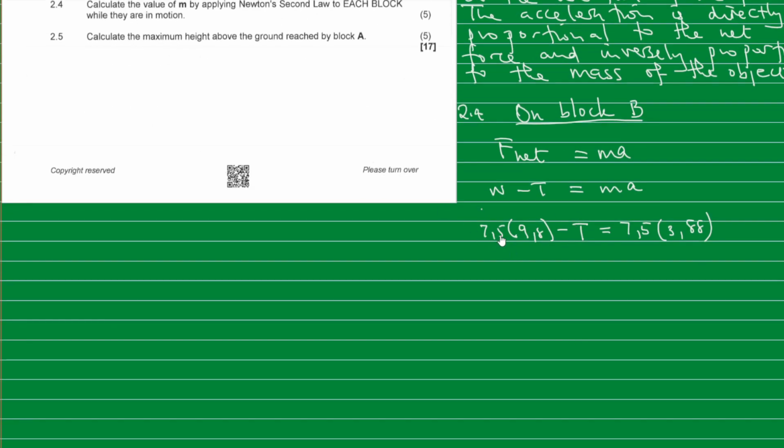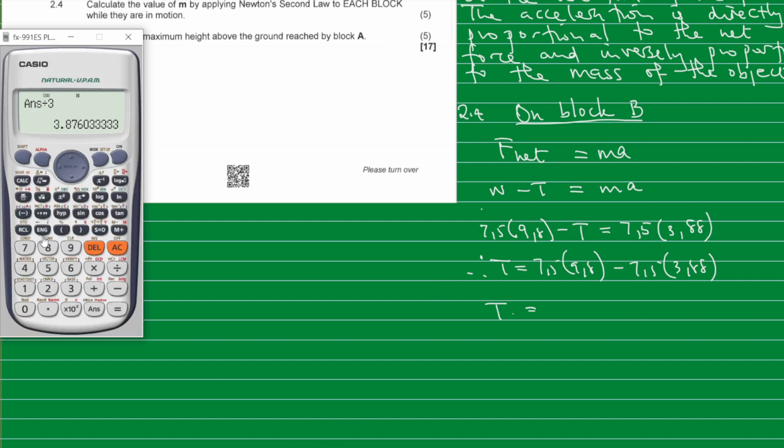So we can basically say here that T is equal to 7.5 by 9.8 minus 7.5 by 3.88. That will give us the value of T, the tension. Now let's enter that in our calculator.